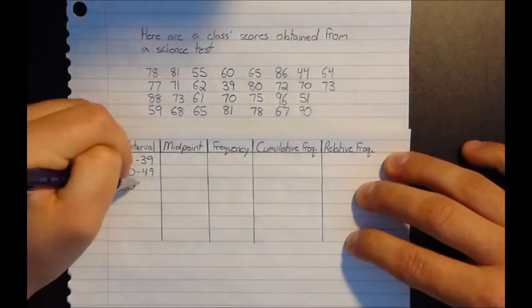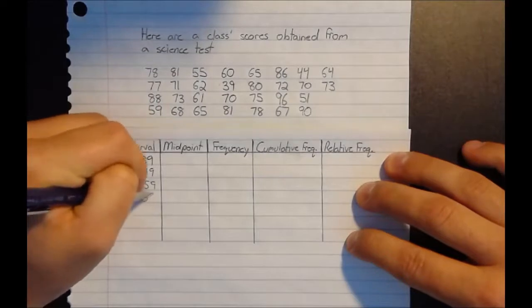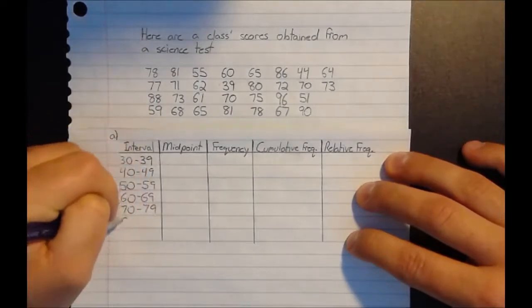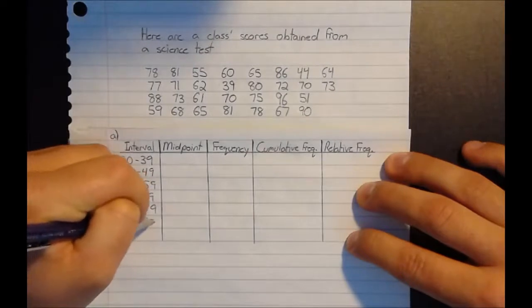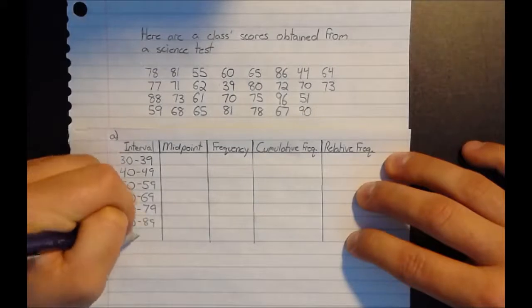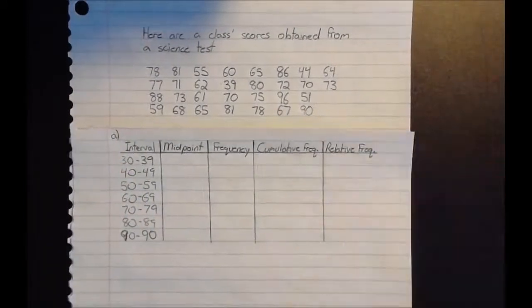So 50 to 59, 60 to 69, 70 to 79, 80 to 89, and 90 to 99.